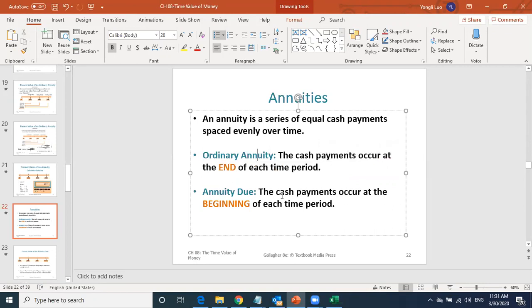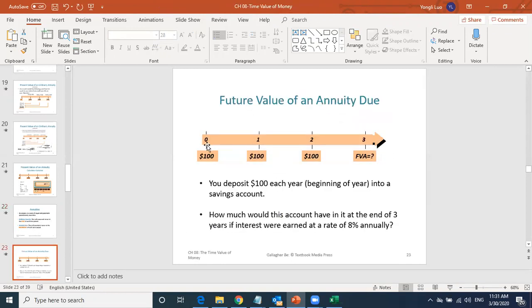Annuity due is where the cash payment occurs at the beginning of each time period, so the $100 you deposit is at the beginning of each year, not at the end. That's the difference between ordinary annuity and annuity due. Both have a series of equal payments.